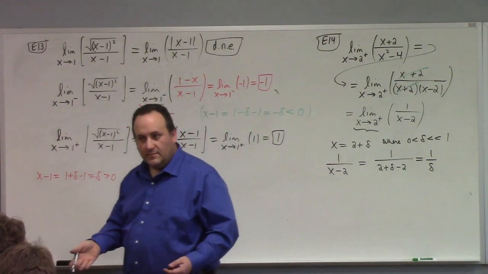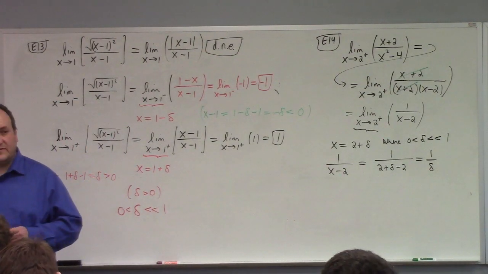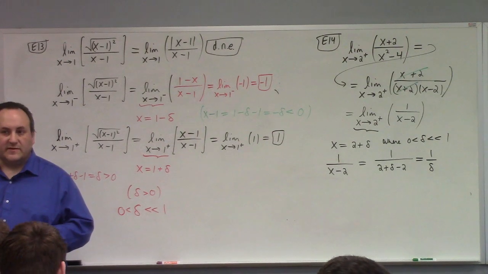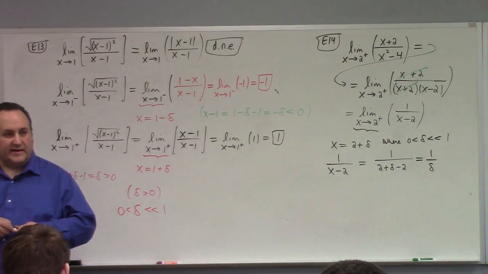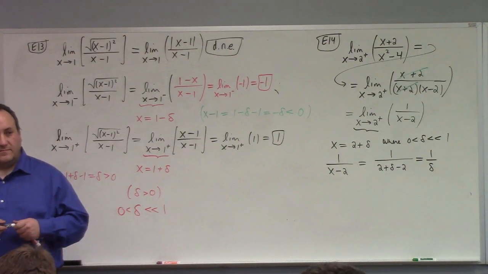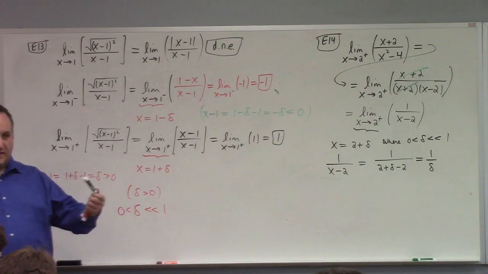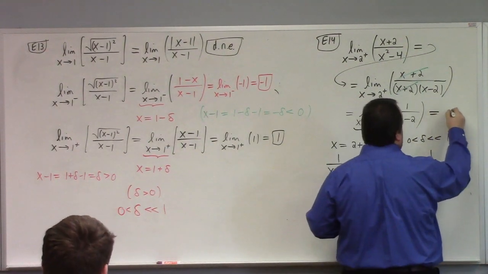What is the nature of 1 over a little positive delta? Is it super big and positive, or is it super big and negative? It's positive, right? So this assures me that I can write that this is infinity.